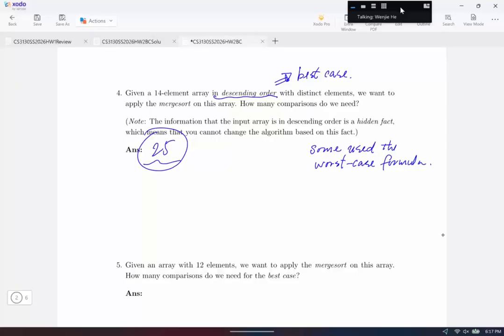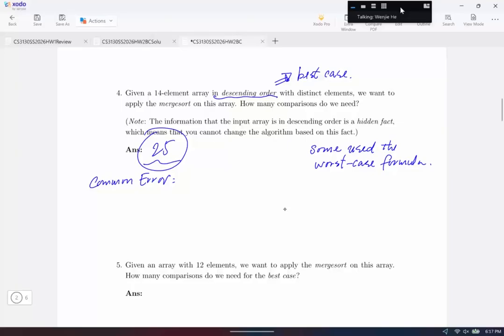Another common error here I want to emphasize. But these students, for this question, they got the correct answer. I will give them full credit, but I still want to point out the potential problem.